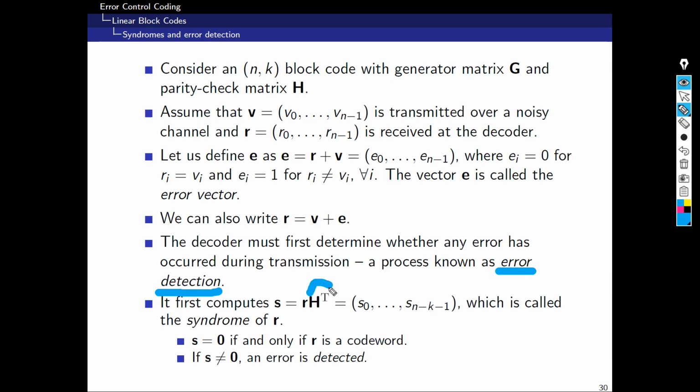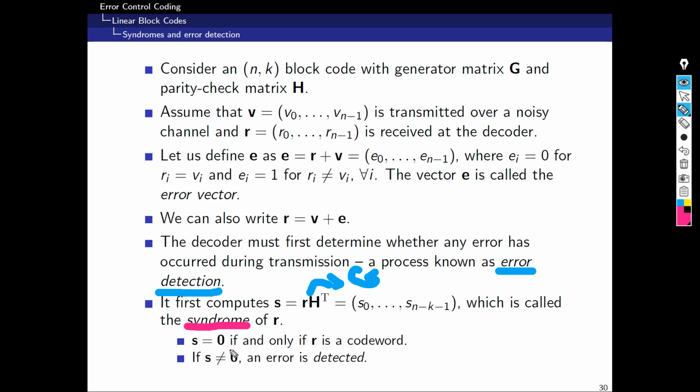How do you obtain H? H you obtain from G. And R, you received it at the receiver. From this, you can calculate a vector called S. This vector has a special name. We name it syndrome. Syndrome is the vector resulting from the multiplication of the received vector with the matrix H transpose.